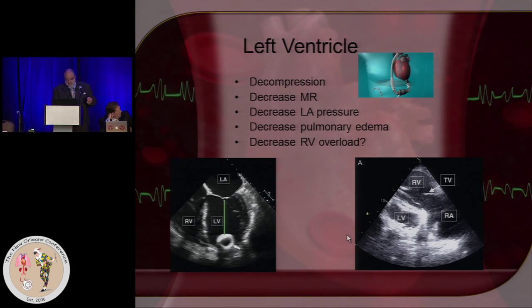I apologize for the different orientation, but this is a transthoracic view, and you see the RV up top, and here's a little sliver of the LV. And the LVAD RPM is too high relative to the patient's hemodynamics, and you're getting a suction effect, and you're pulling the septum over.